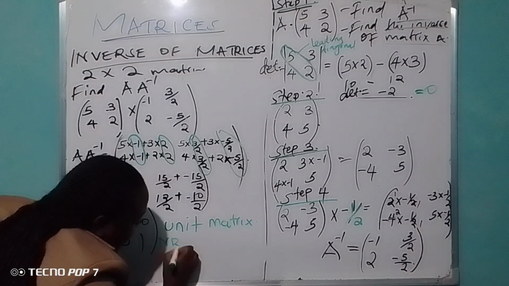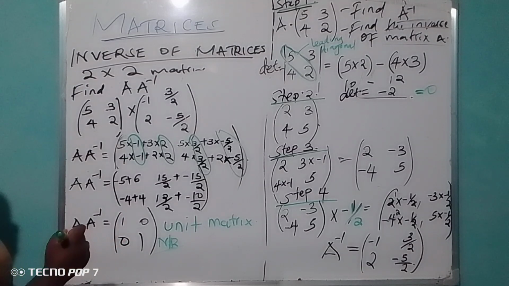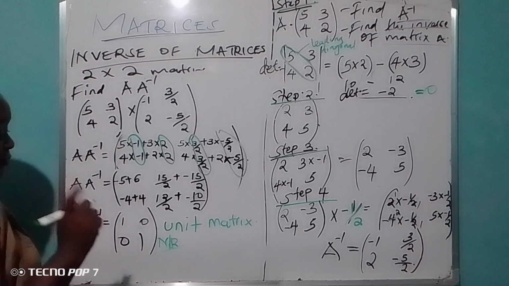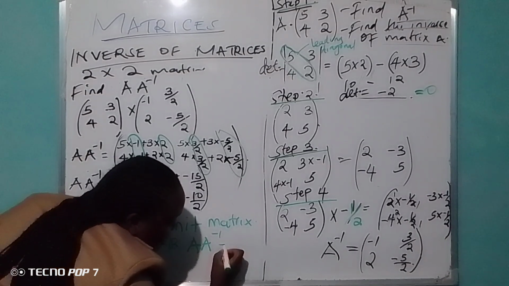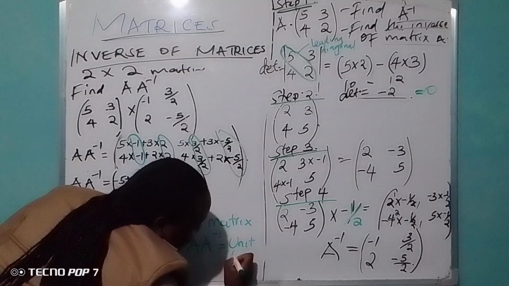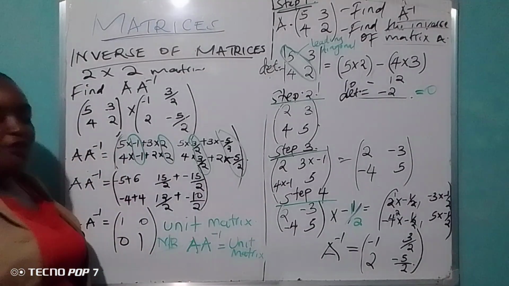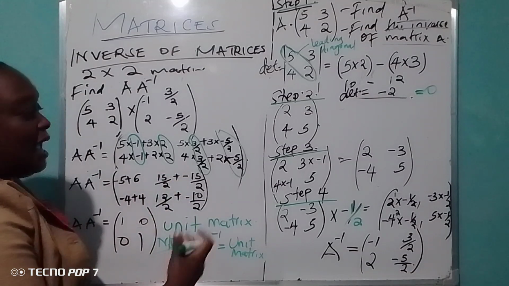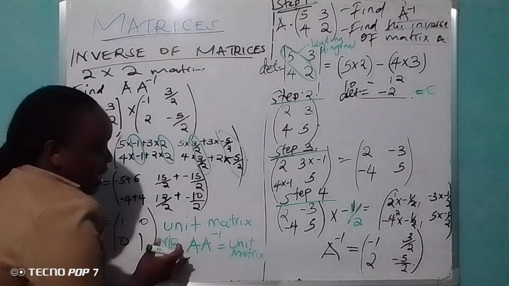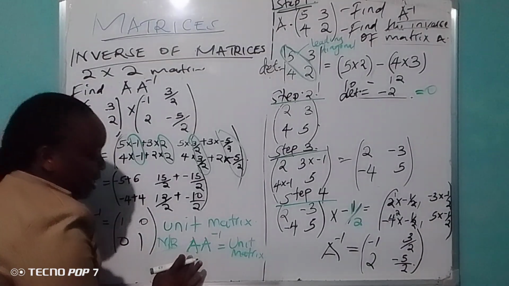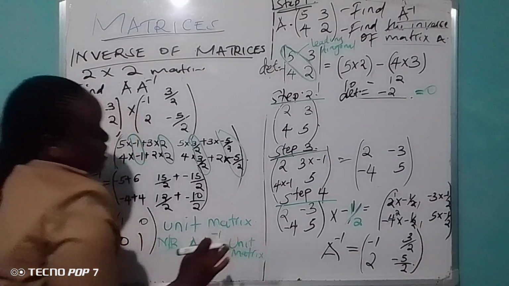So NB: A times A inverse is equal to a unit matrix. I didn't want to write it in long form that when you multiply a matrix times its inverse, it gives you a unit matrix. It's just the same as this. A matrix times its inverse gives you a unit matrix.